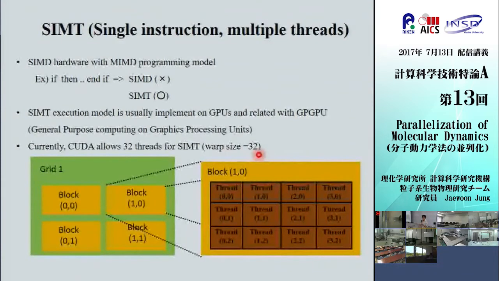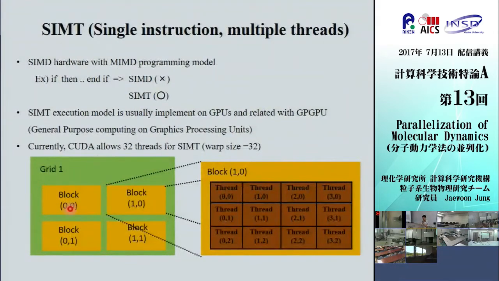So 32 means that you assign one instruction, and according to that one instruction, 32 threads do the operation at the same time. And using this kind of SIMT, you can increase the performance 32 times.